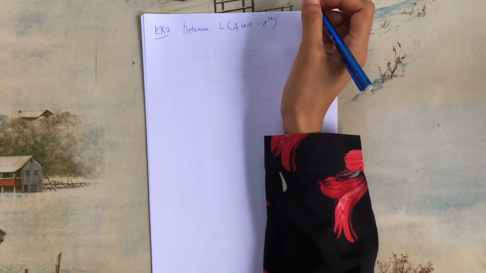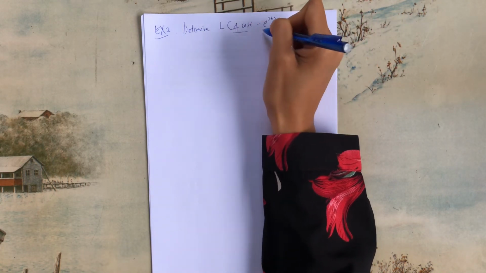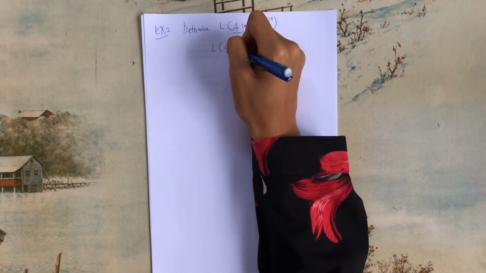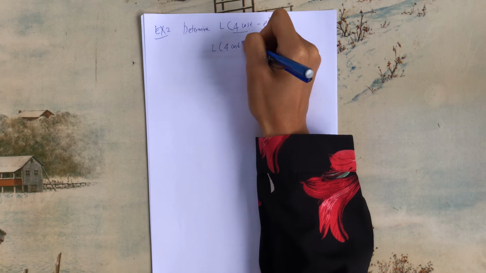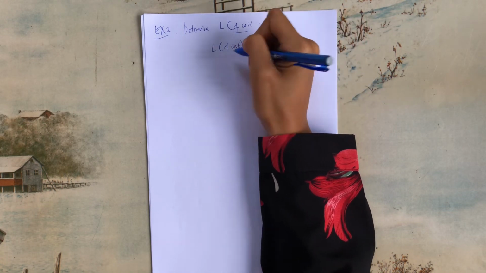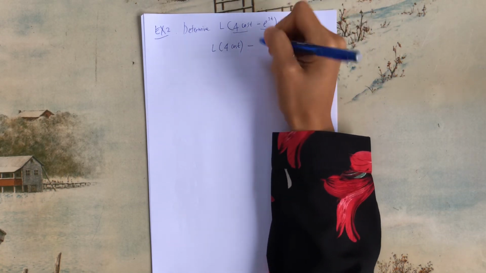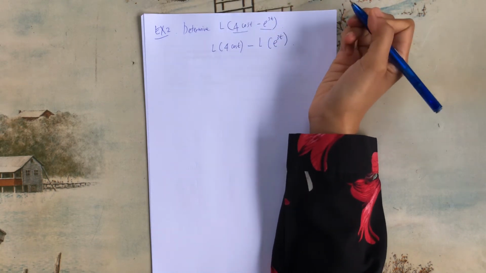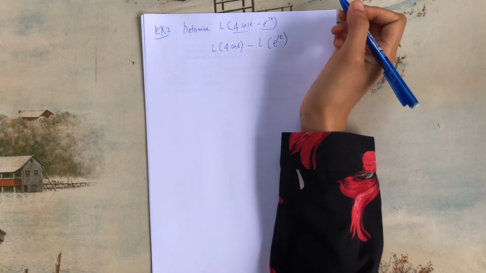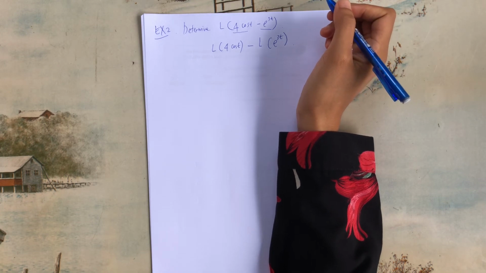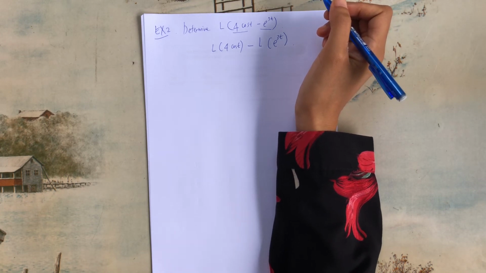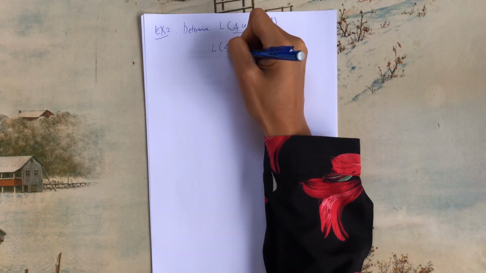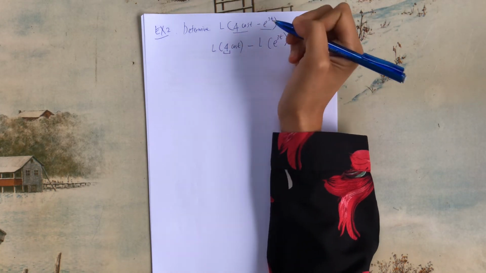Clearly we can see we have two functions. So you just split it first: the Laplace transform for 4 cos t minus the Laplace transform for e^(3t). Then apply the second linearity property. You can see that we have a scalar in front here.